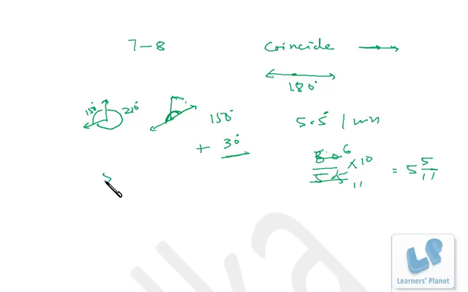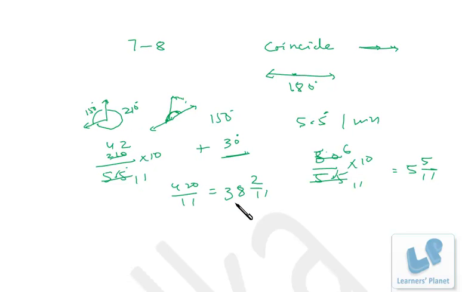The same thing, 5.5 degrees in 1 minute, so 210 by 5.5 is 420 by 11. So after 7, 38 2 by 11 more minutes it will take for them to coincide with each other.